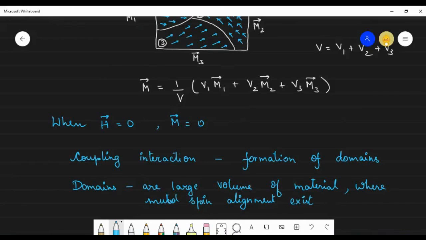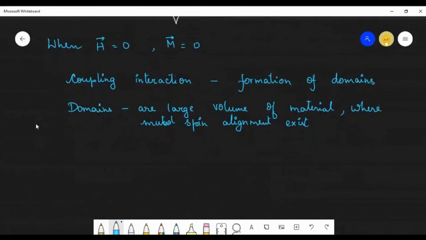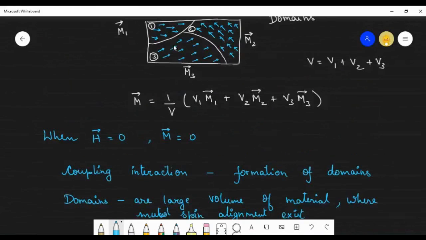The spin alignment is due to coupling interaction. As can be seen from this figure, the direction of alignment and magnetization vary from one domain to another, and the net magnetization is the weighted average.